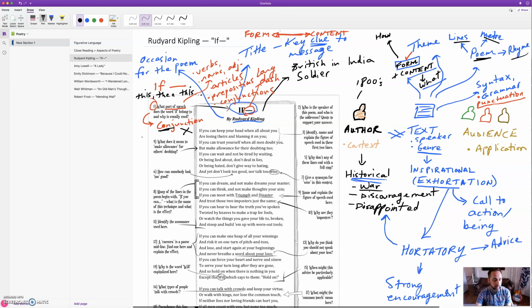So it's conditional. It means if you do one thing, that will affect the result and the conclusion. Okay, so it's a conditional conjunction. If you do this, then this will happen. And because it's an advice poem, right, it's going to be connected to that idea. If, and he leaves it hanging, and then we're going to see what all the ifs are.